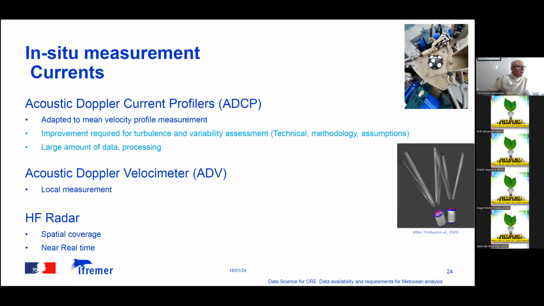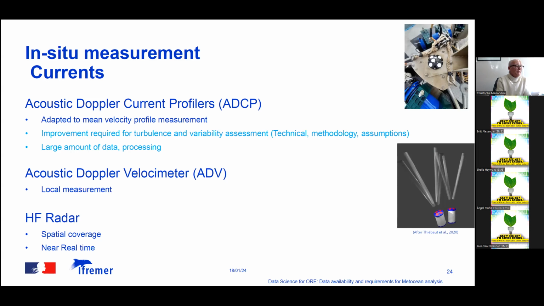We can also use acoustic Doppler velocimeters. These are based on the same principles as ADCPs, but they have converging beams so that we can have a local measurement, which can be of really higher precision. But it's sometimes really difficult to compare measurements from ADCPs and measurements from ADVs.